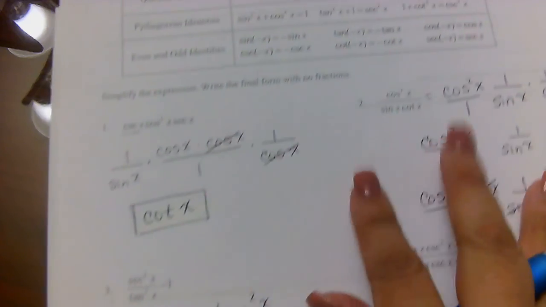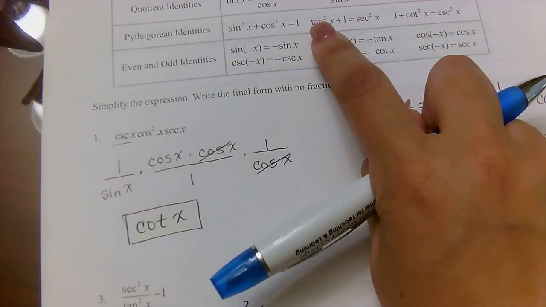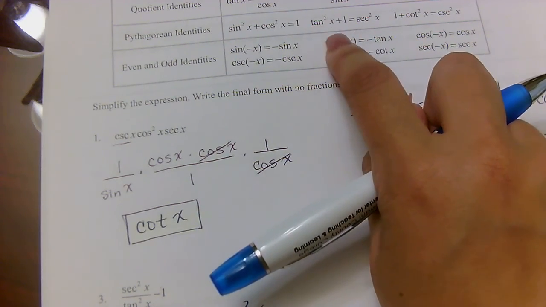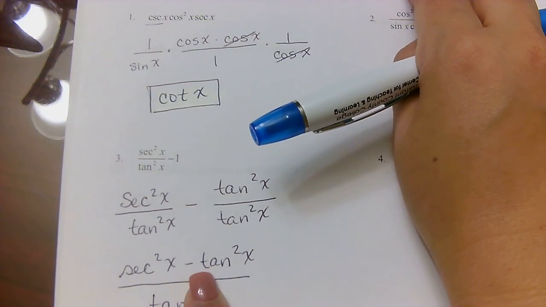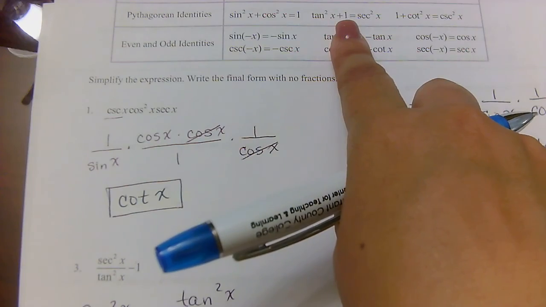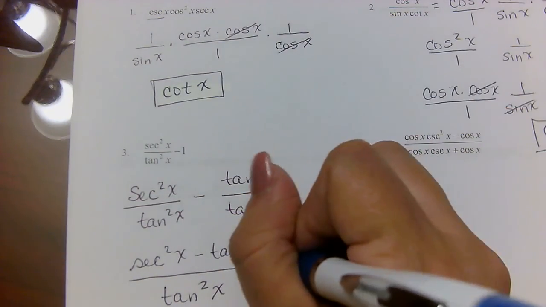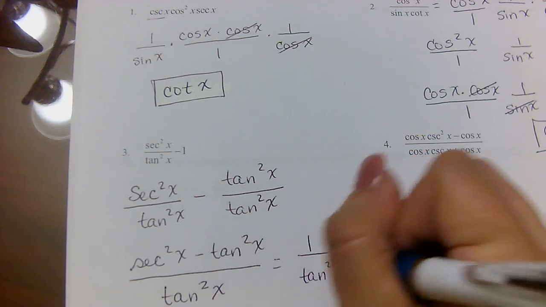If I go back up here and I see secant, and I subtract tangent squared on the other side, I'm going to get secant squared minus tangent squared, and that would just be equal to 1. So this entire numerator is just equal to 1 over the denominator, tangent squared x.